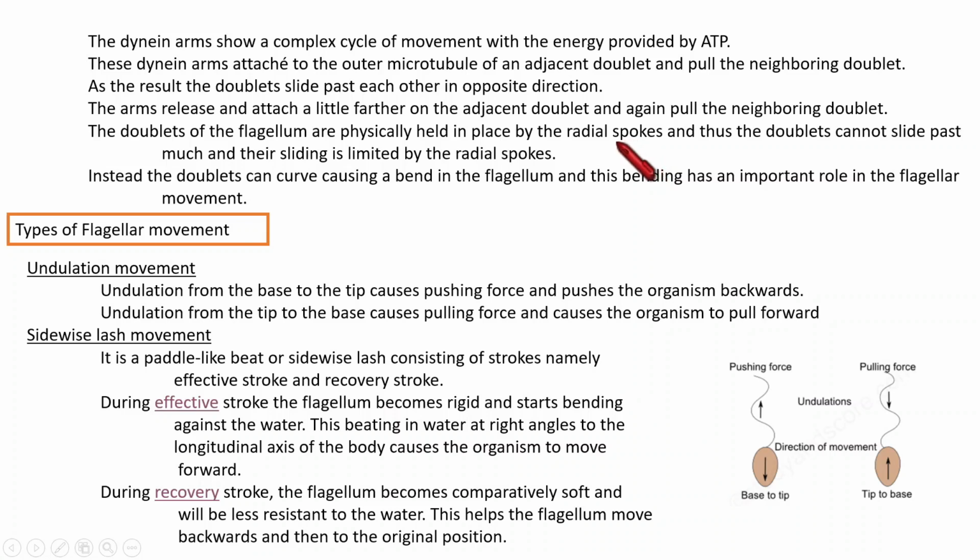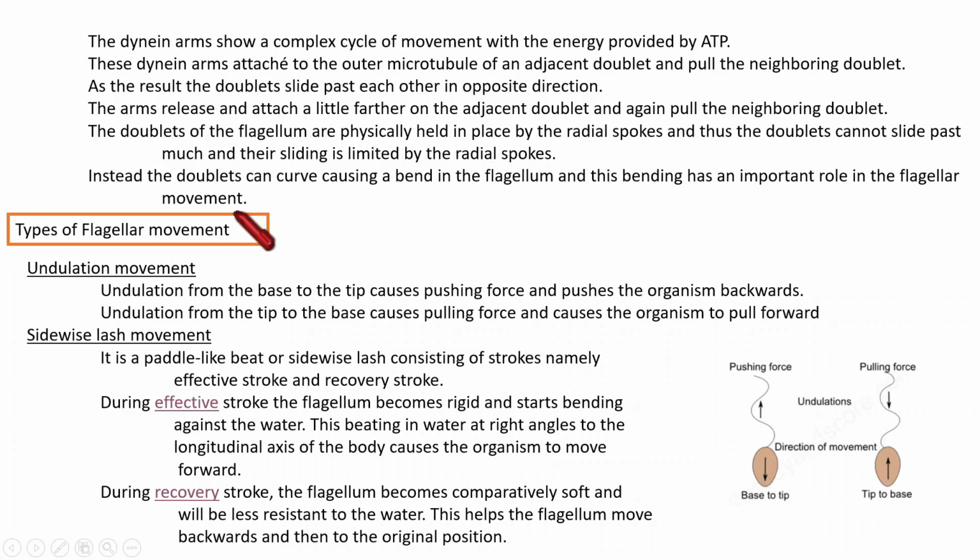As that sliding motion is restricted, then instead of too much sliding, it can only curve or bend the flagella. So this bending has an important role in flagellar movement. I hope it is very clear to you how sliding occurs and how that sliding ends up in bending, only because of the help of radial spokes.